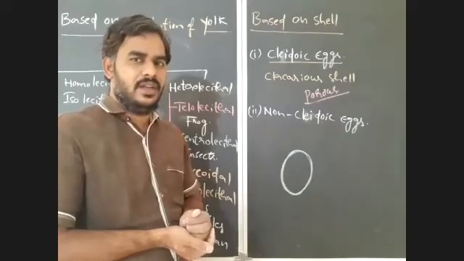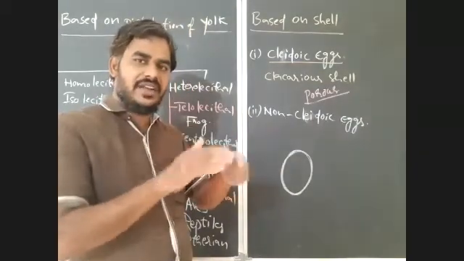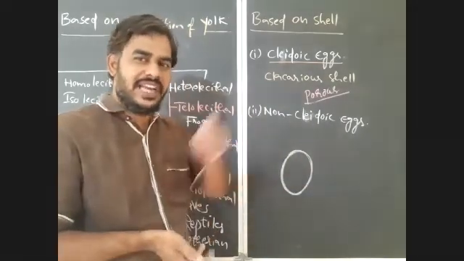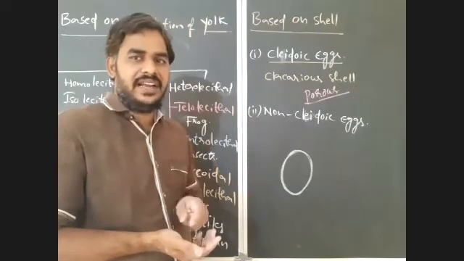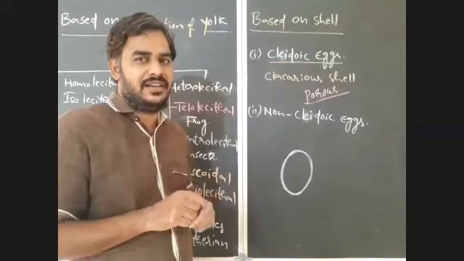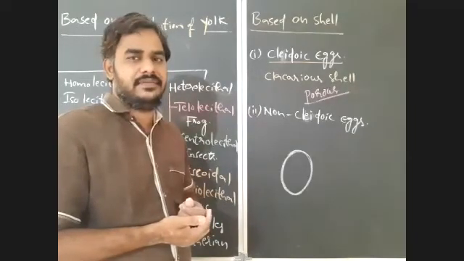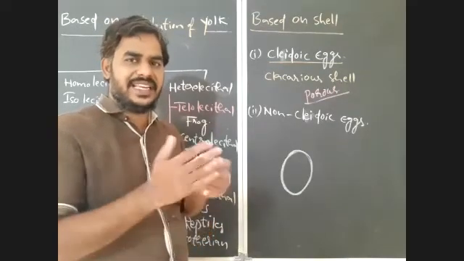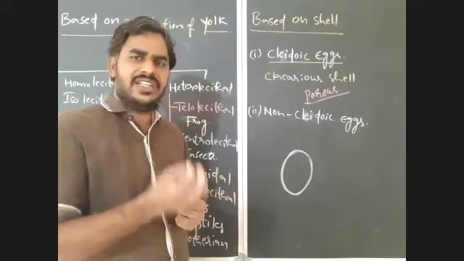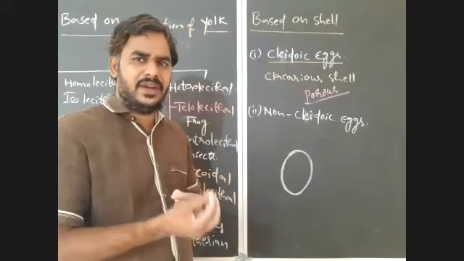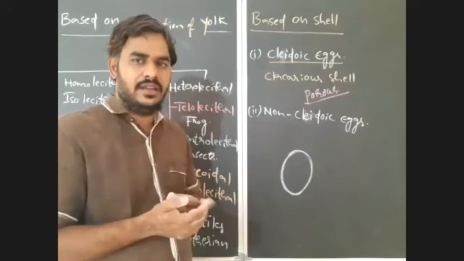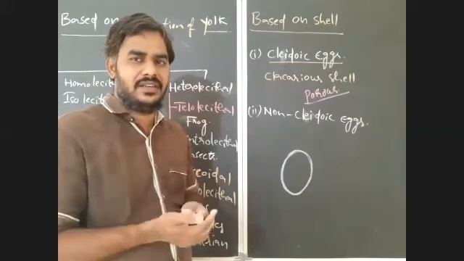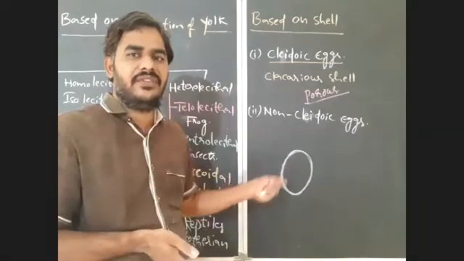For example, if you take the egg of a hen and apply nail polish to this shell, and if you keep that egg aside for some days, after some days, if you break the egg and observe inside, the egg will turn black, because the embryo which is present in that, if it is a fertilized egg, I am telling, will be completely damaged. It will die due to lack of exchange of gases.